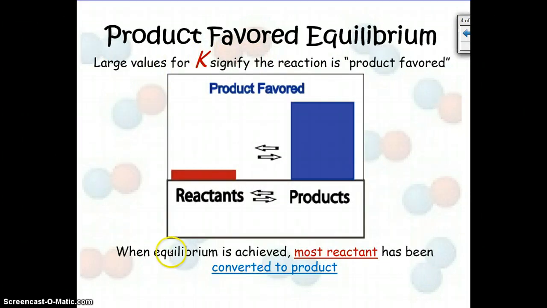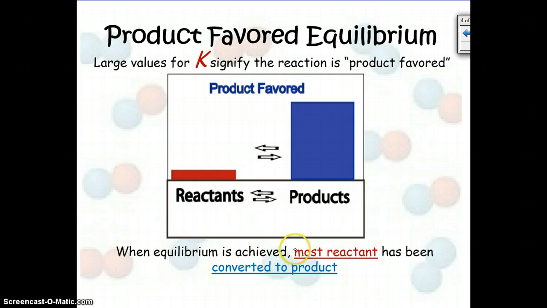Now the value of our equilibrium constant K can tell us a lot about the state of the equilibrium. If it's a large value for K, then we know that the equilibrium is product favored, which means that the reaction is going to make products, and the reverse reaction is not as prevalent.